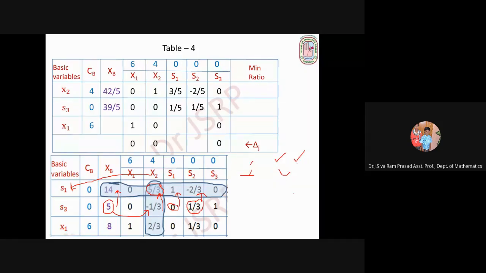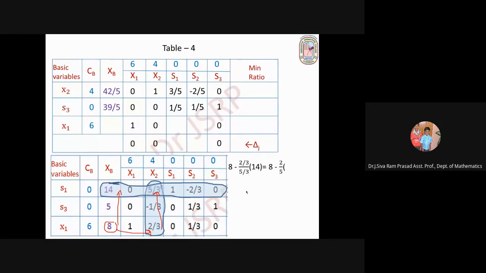Next, similarly, the third row calculation, with a similar process. To calculate this value, present value 8 minus pivot column element 2 by 3, divided by pivot element 5 by 3, into the pivot row element. So 8 minus 2 by 3 by 5 by 3 into 14.